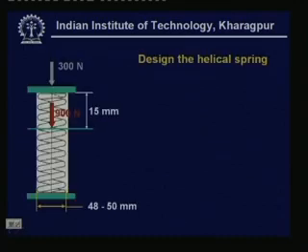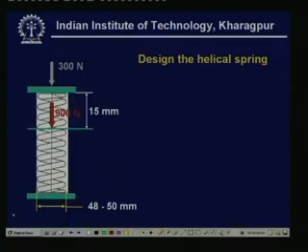Now, the problem is defined here. A helical spring is acted upon by loads of 300 Newton and 900 Newton respectively. That means it is working under a variable load, and the spring deflection will be around 15 mm.